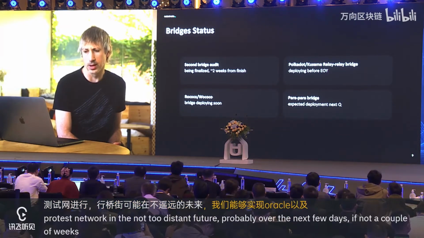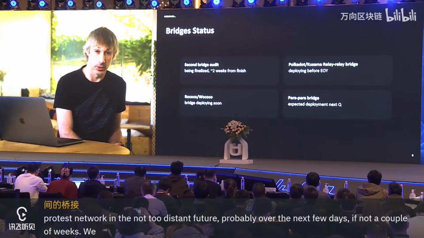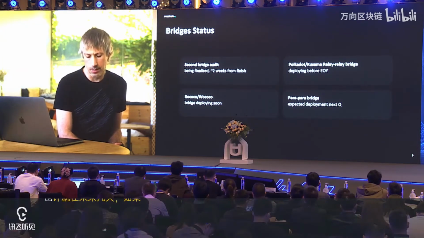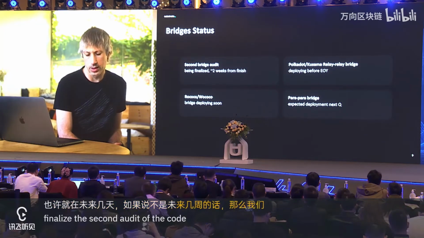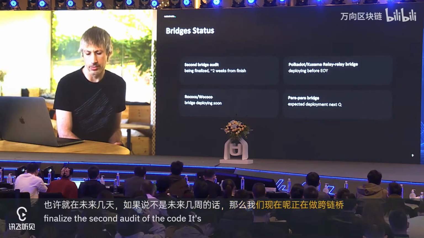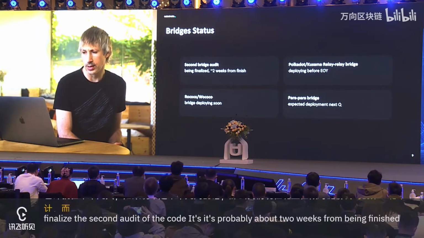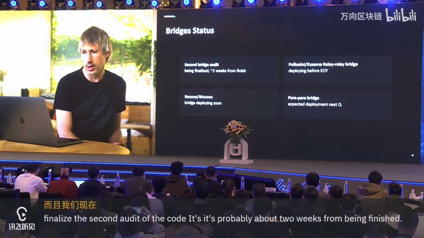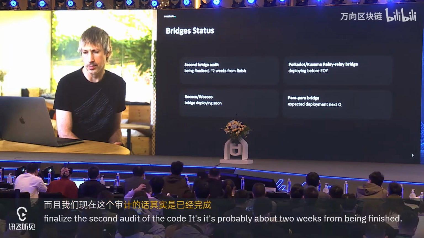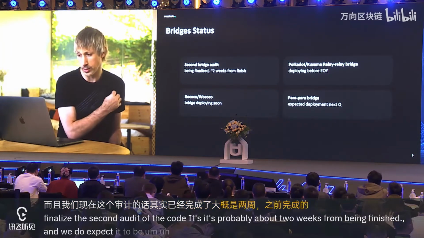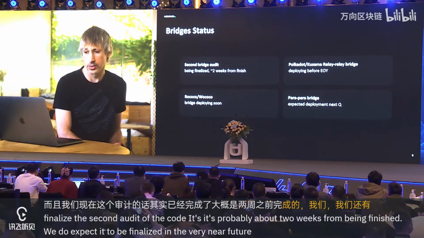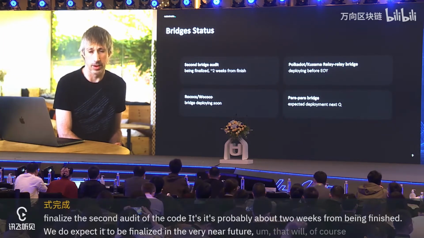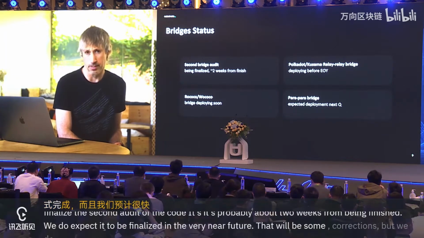We have finalized the second audit of the bridges code. It's probably about 2 weeks from being finished, and we do expect it to be finalized in the very near future. There will, of course, be some corrections, but we do not expect very many.